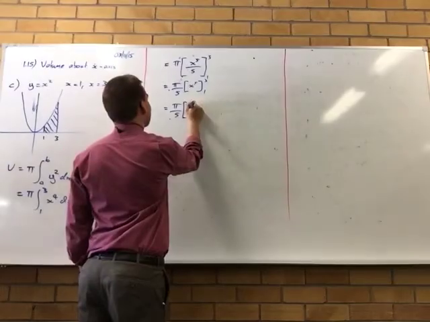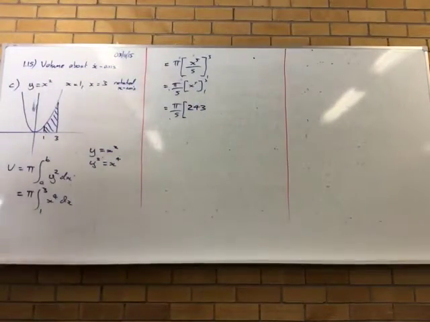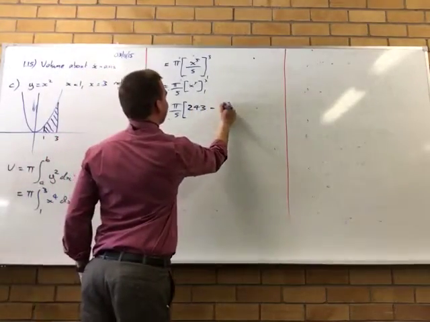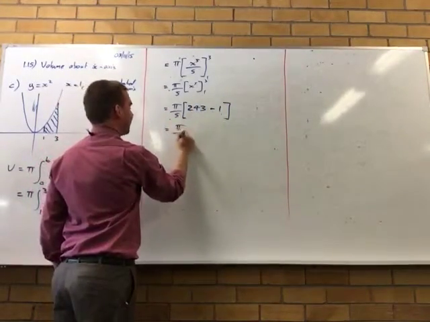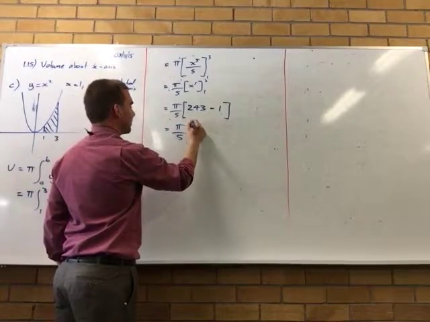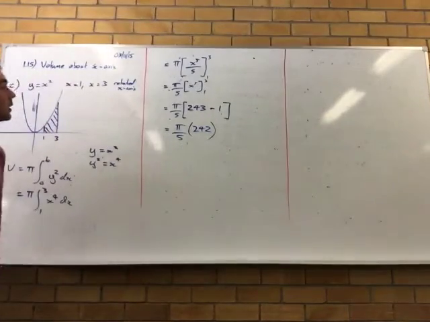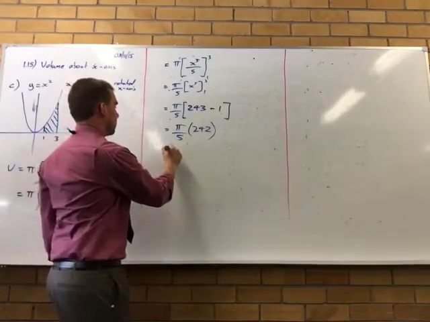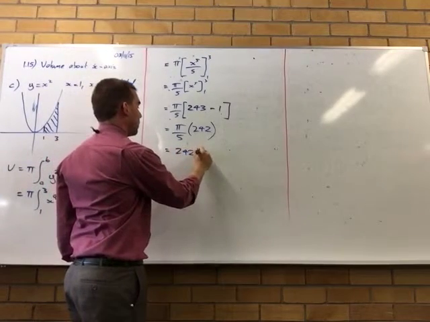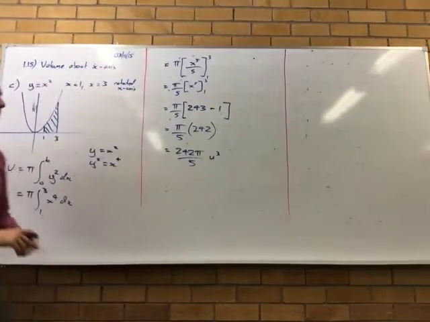Excellent. So 243 take away 1. 1 to the power of 5 is 1. So 242 pi on 5 units cubed.